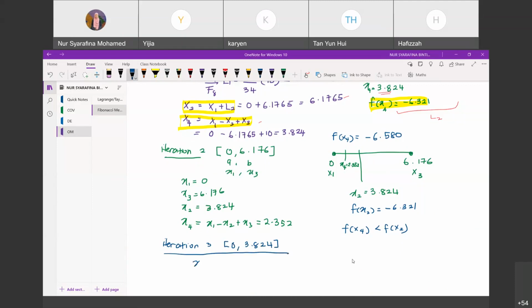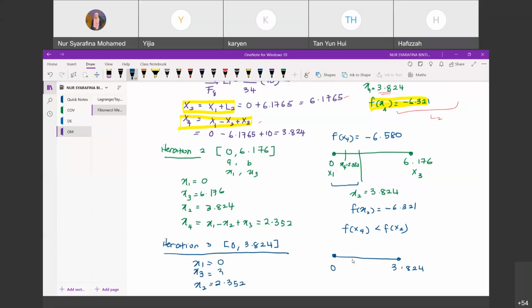So you have your x1, you have your x3, you can identify your x2. Now your new interval is from 0 to 3.824, and in the middle we have 2.352. So this is your new x2.